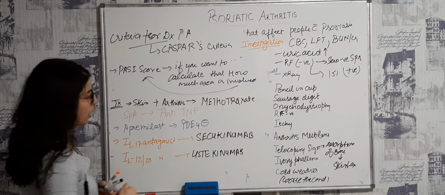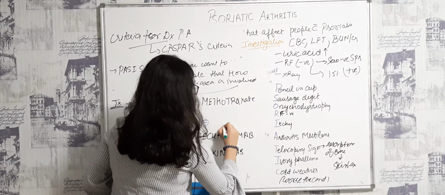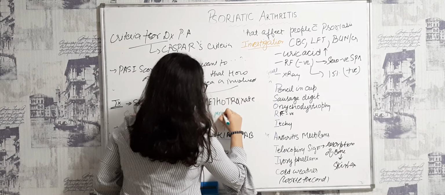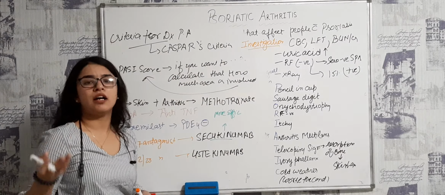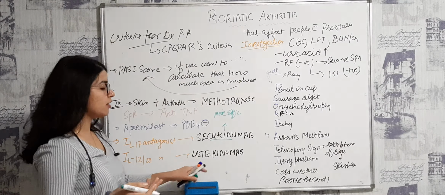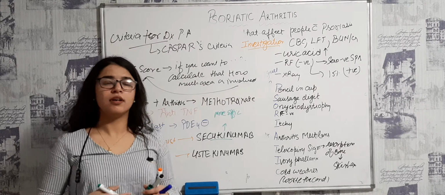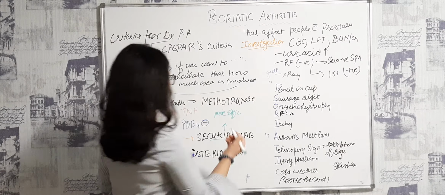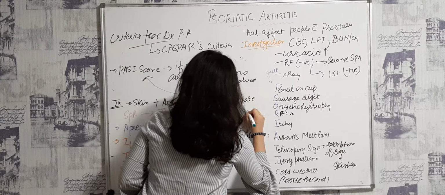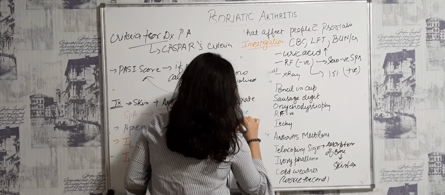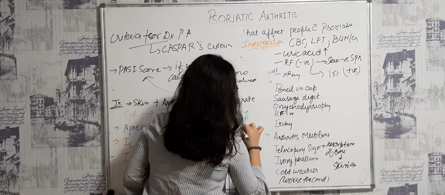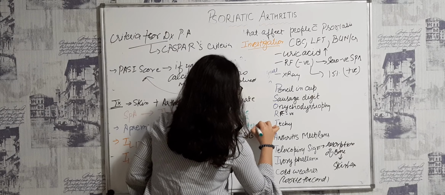Generally, secukinumab is more effective in case of psoriatic arthritis, and ustekinumab is more effective for the spondyloarthropathies.